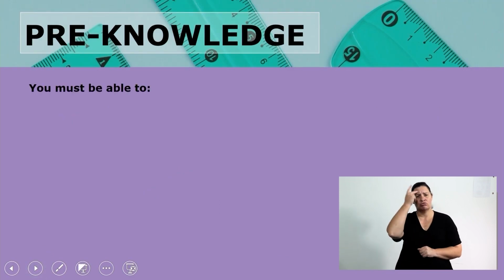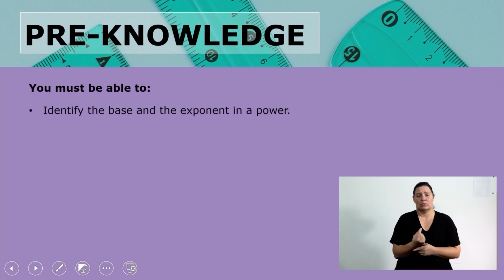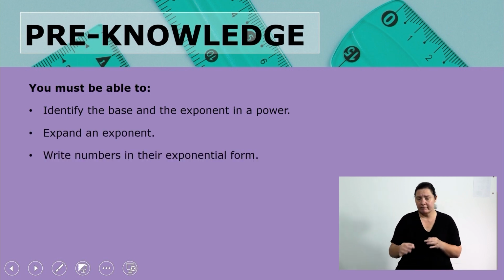Let's look at the knowledge that you are supposed to have from previous lessons or previous grades. You must be able to identify the base and the exponent in a power, expand an exponent, and write numbers in their exponential form. Let's look at the following power.